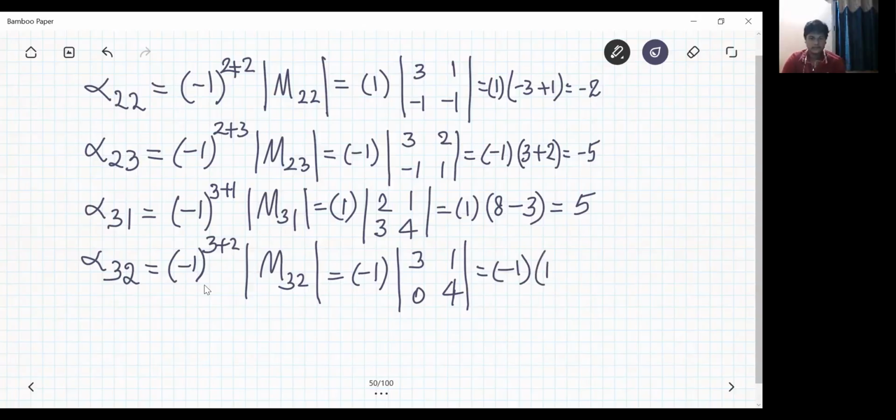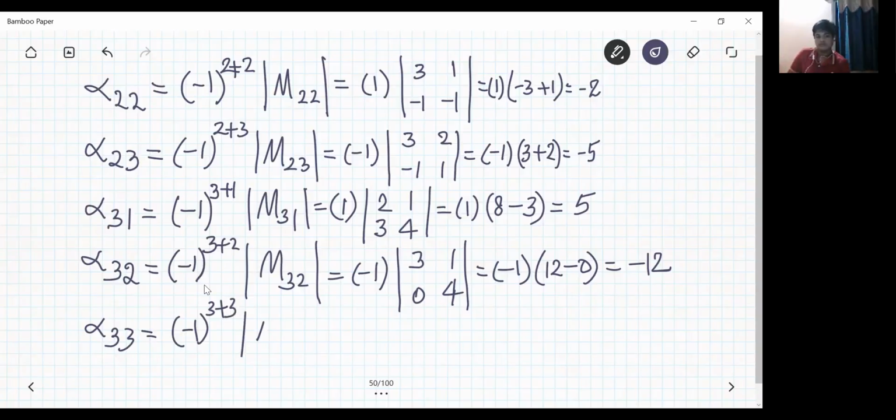Sir, answer 9. That is for alpha 33. Alpha 33, correct. So alpha 33 is minus 1 to the power of 3 plus 3 into M33.